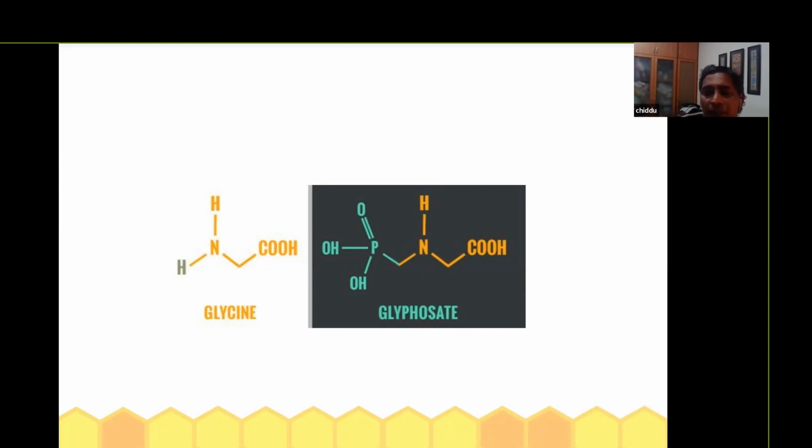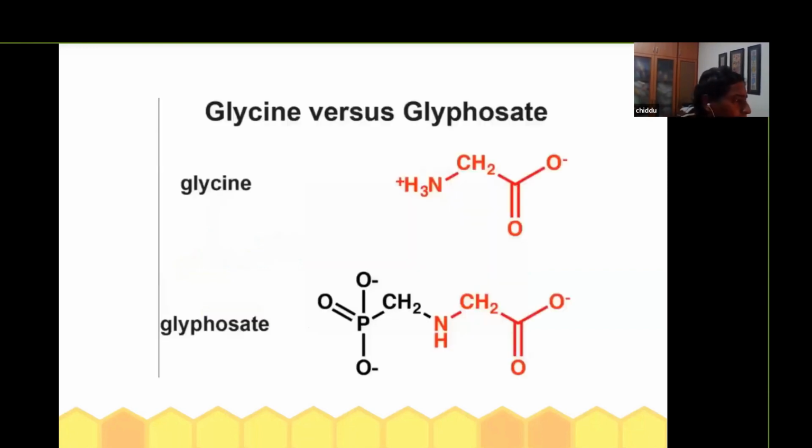So any living organism that depends on glycine is going to look at glyphosate and say, oh yeah, this is glycine, and it's going to get absorbed, and it's going to pursue the metabolic processes that build proteins and hormones, etc. All of that, which is why it's extremely dangerous. It hits a very, very basic building block of life.